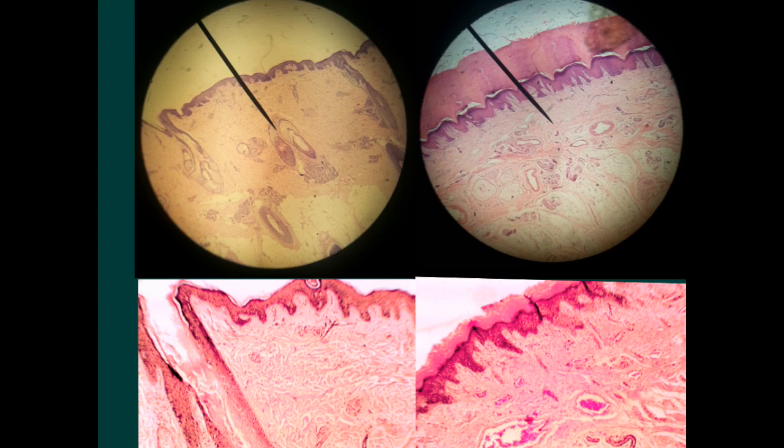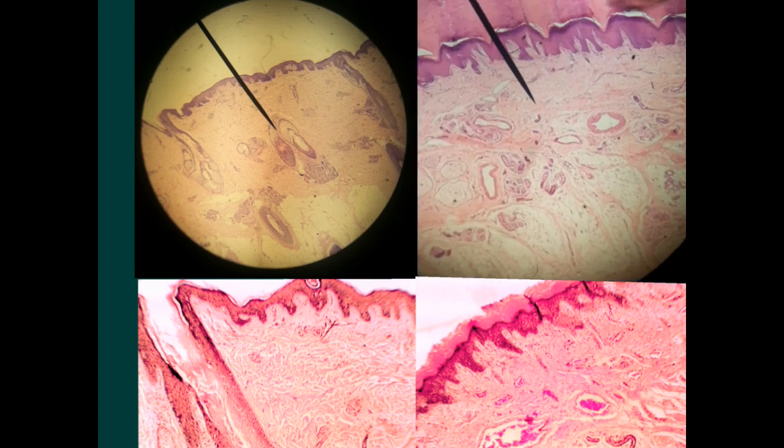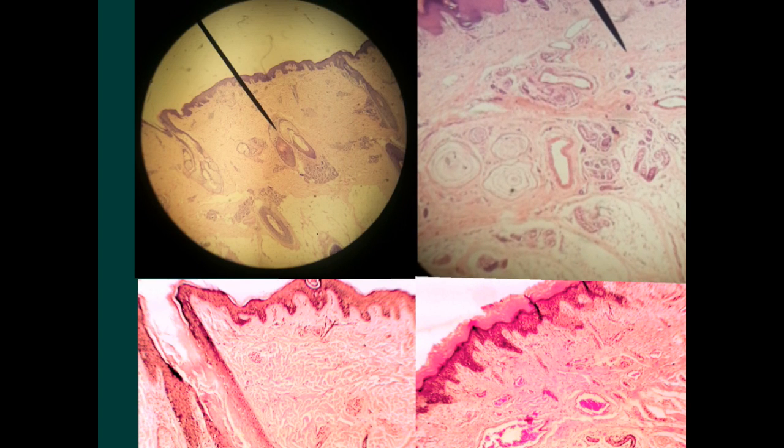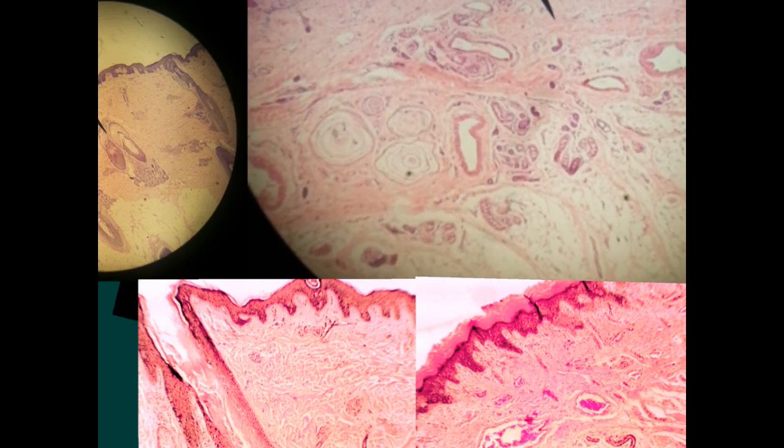If you look at the epidermis, here it is compact with no hair follicles opening in it. Here you are seeing the dermis, and you may not always see these Pacinian corpuscles. Now I will make it larger to see actually the Pacinian corpuscles.